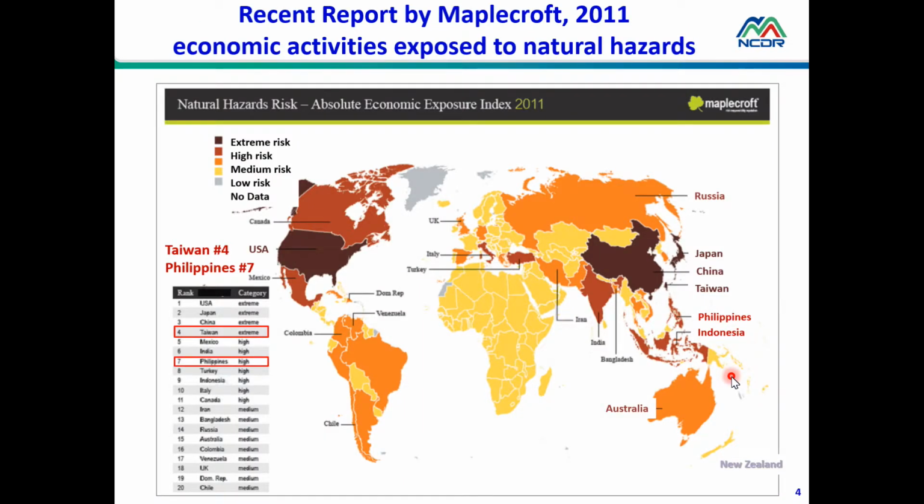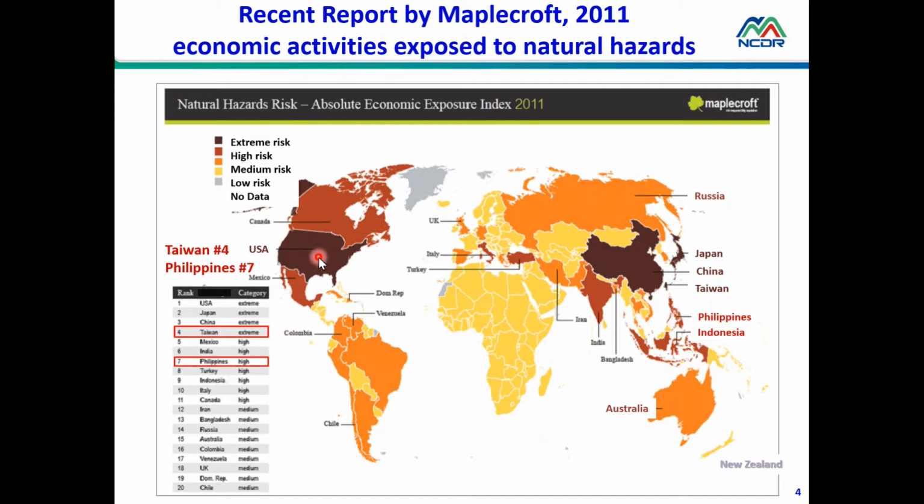Another important reason why we have to enhance disaster resilience in Taiwan is exposure. This map, published by Maplecroft in 2011, identifies economic activity exposed to natural hazards. On this map, there are 4 countries around the world listed as high risk.